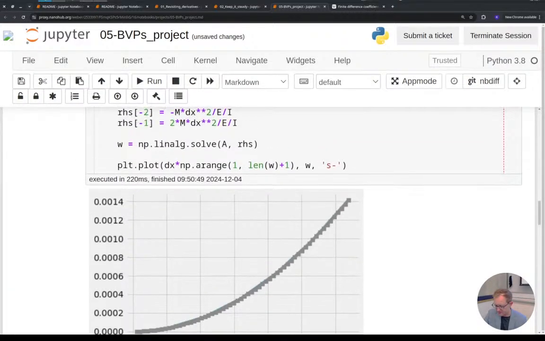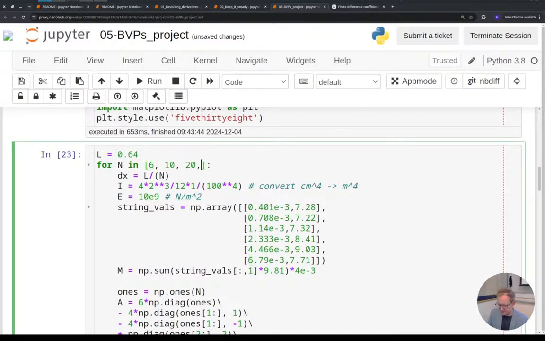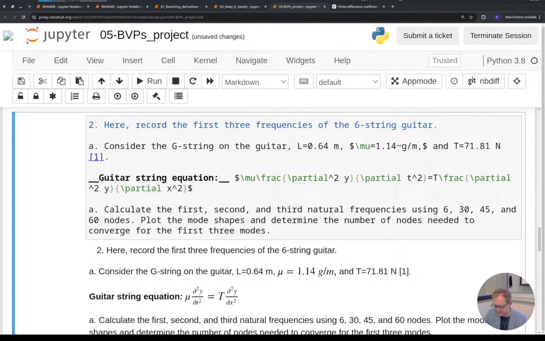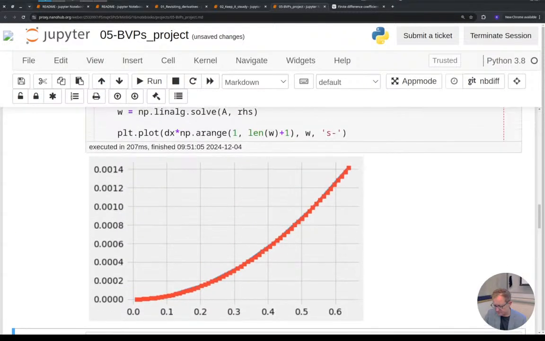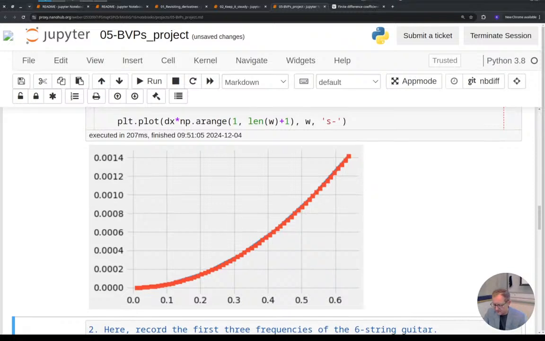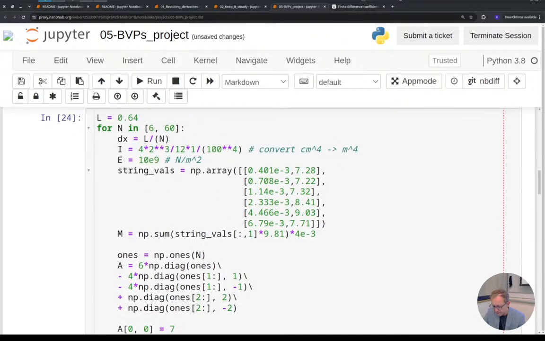Look, I think it looks pretty good no matter how small our steps are. Let's do 6 and 60. I mean, we're using a finite difference to approximate the solution that is a parabola, so it's pretty exact even on our first try. Is that what's going on? I think so.